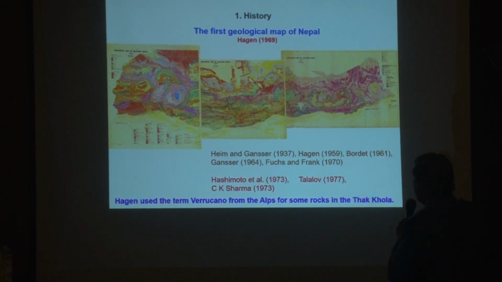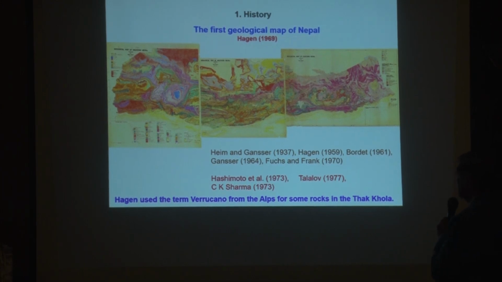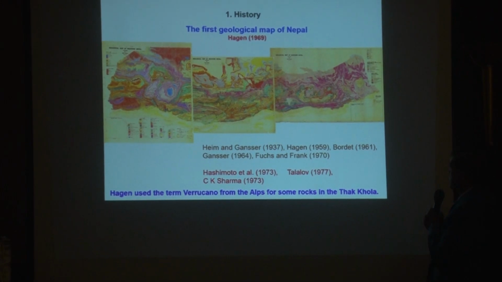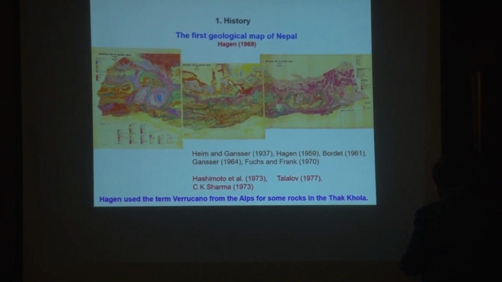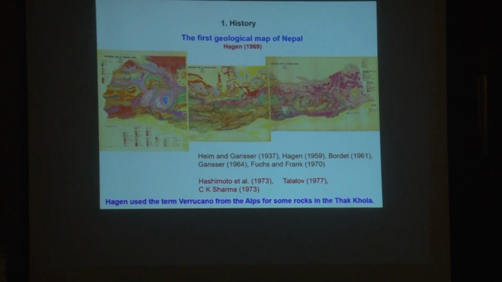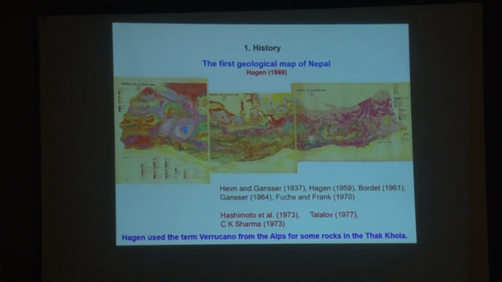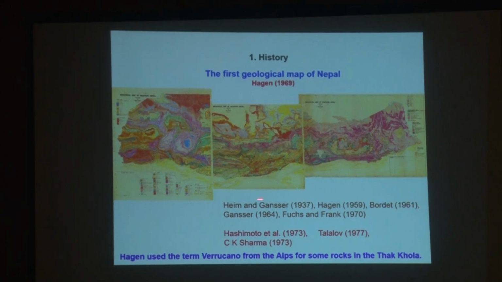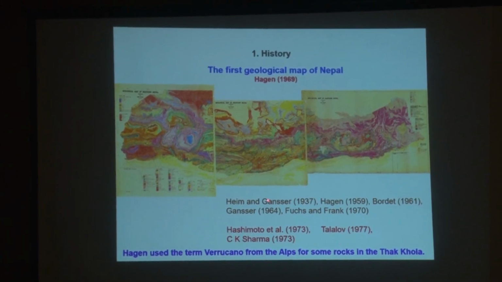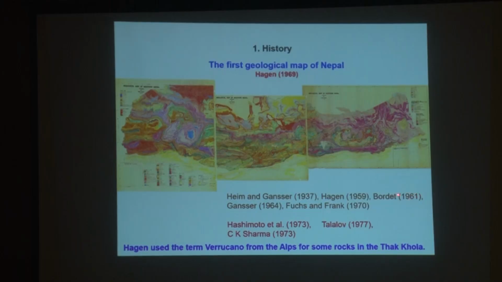Similarly, Heim and Gansser, while working in West Nepal, first prepared columnar sections and showed the position of the stromatolitic dolomite. In Kumaon, they worked out their stratigraphy and continued towards Nepal. Bordet and his colleagues were the first to work in East Nepal, and they prepared a good geological map with quite reasonable stratigraphy.